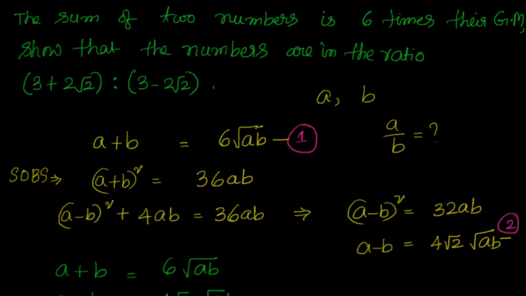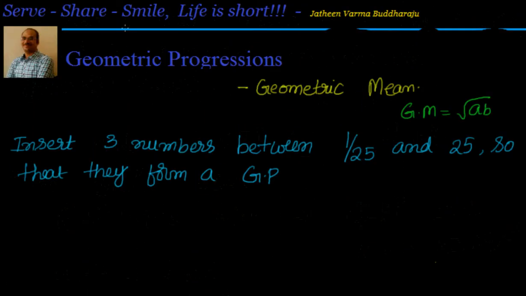Let's solve one more problem. Insert three numbers between 1 by 25 and 25 so that the resulting sequence forms a GP, a geometric progression. Now, what is the first? 1 by 25 is the first term.